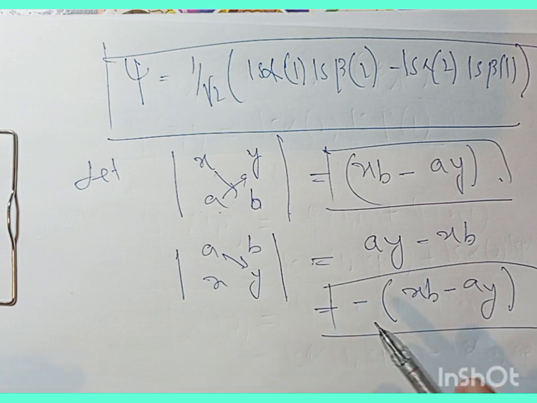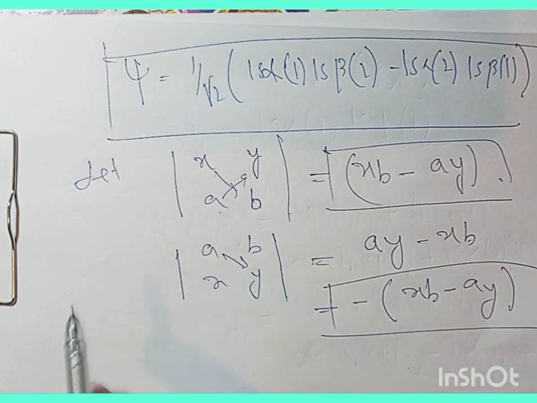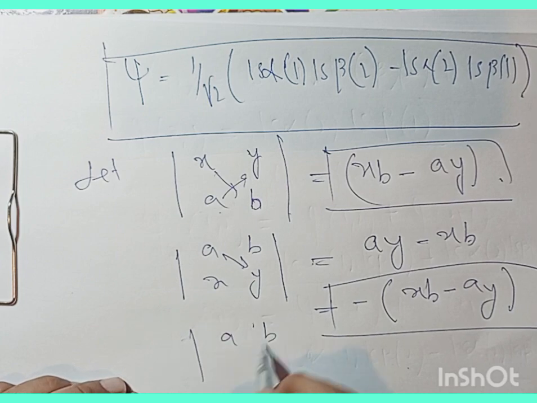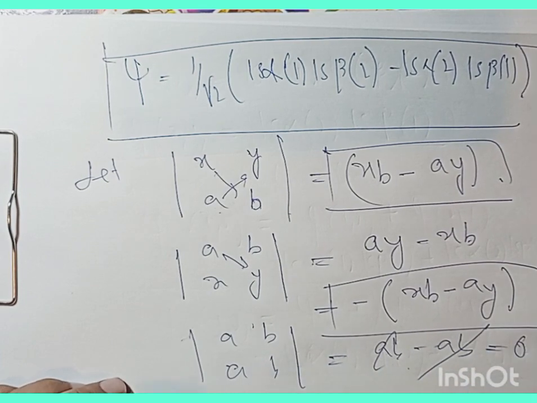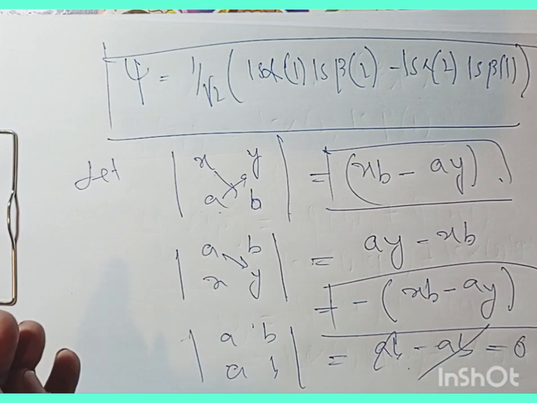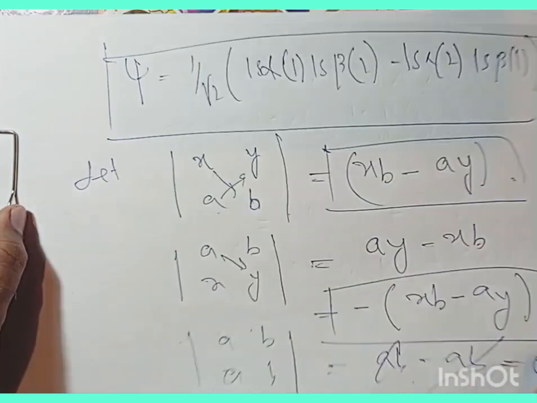Another important property is that if the two rows are identical, the determinant vanishes. We can choose a b and a b, and we get ab minus ab. The two cancel and we get 0. So if a determinant has two identical rows, its value vanishes.